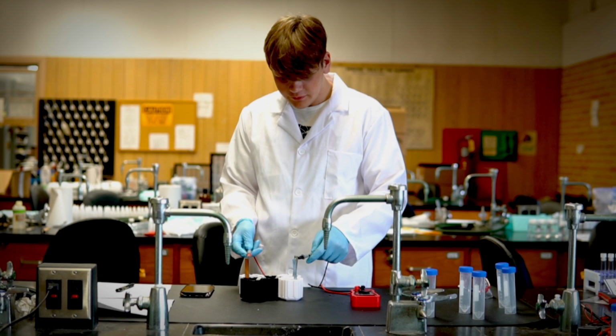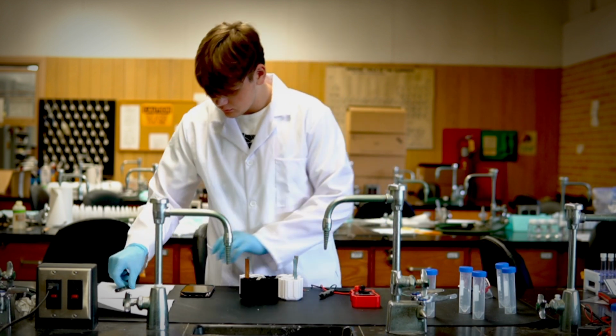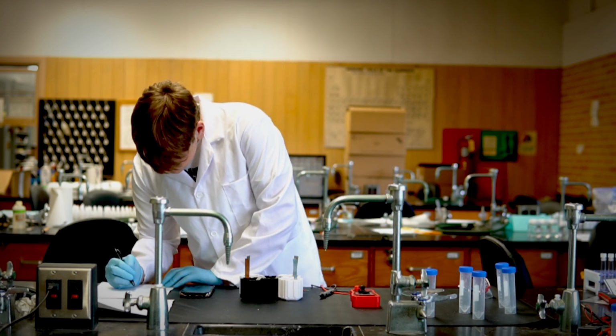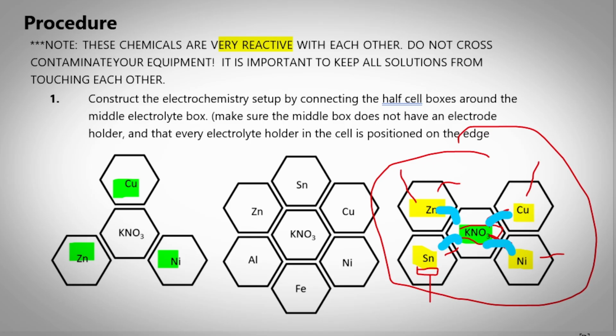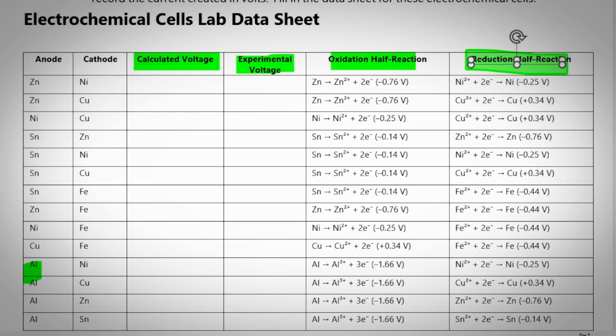You don't even have to attach it. Just make sure that both of them are touching. You should get a stable number, and then guess what? You record that number. Where do you record it? In the table that we have. So going back to our menu, I have a nice table here where you're going to be recording the experimental voltage right next to the calculated voltage.